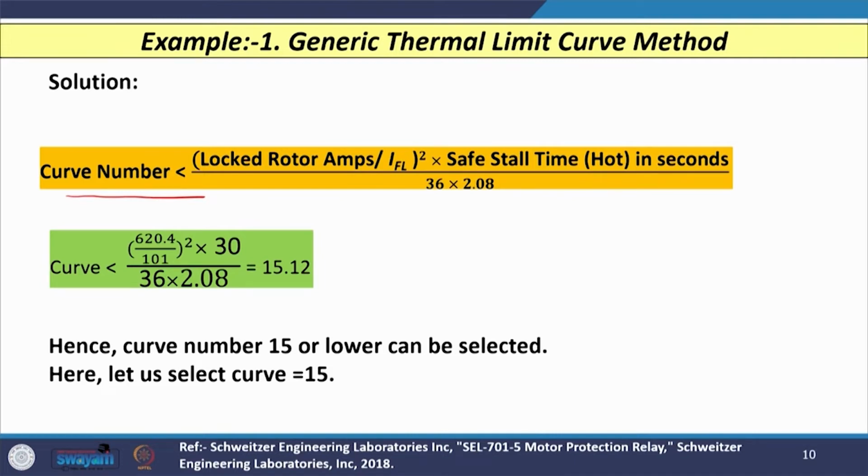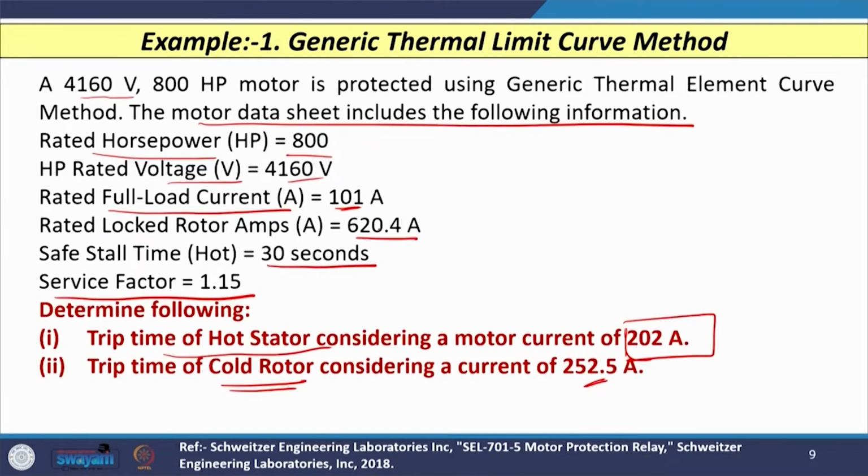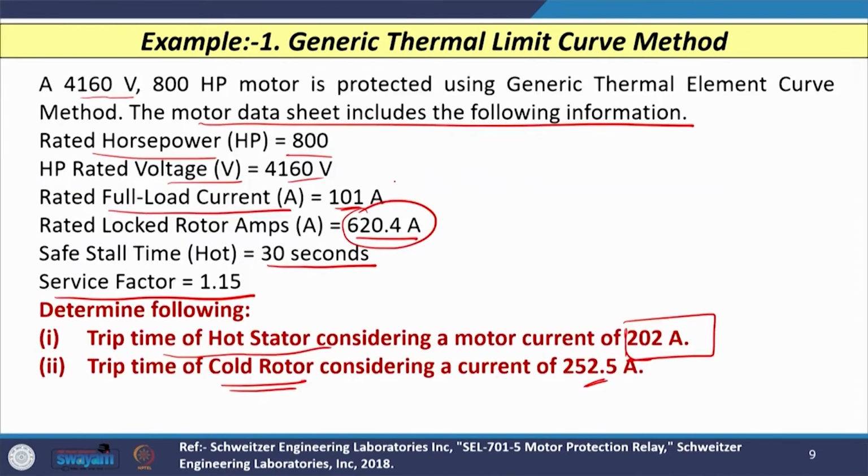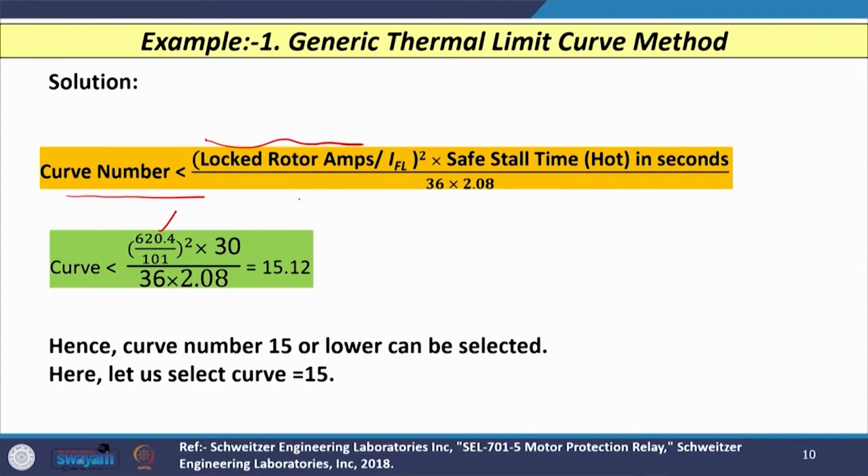Here you can see that the locked rotor amps is given as 620.4, so I have put that here, and the full load current of the motor is given as 101 ampere, so I have put that. Safe stalling time of the motor when it is running in hot condition is given as 30 seconds, so we have put that. By using this, we get the value of the curve number as less than 15.12.